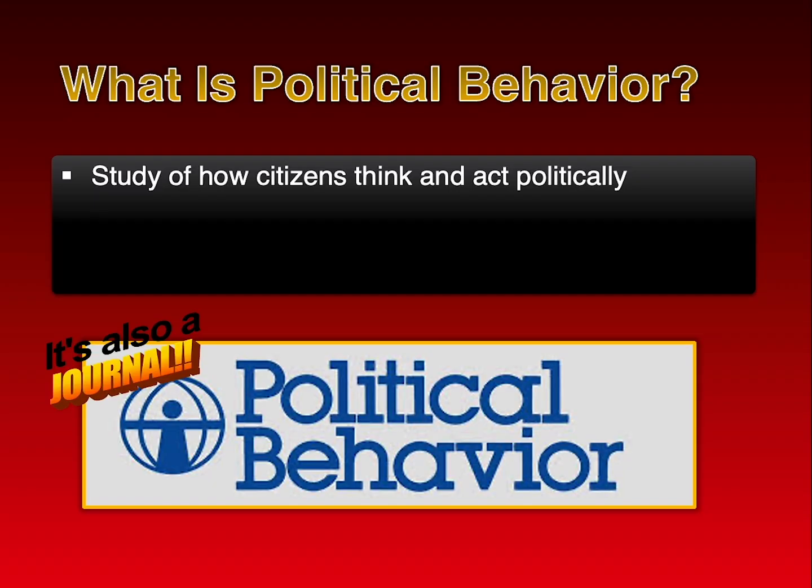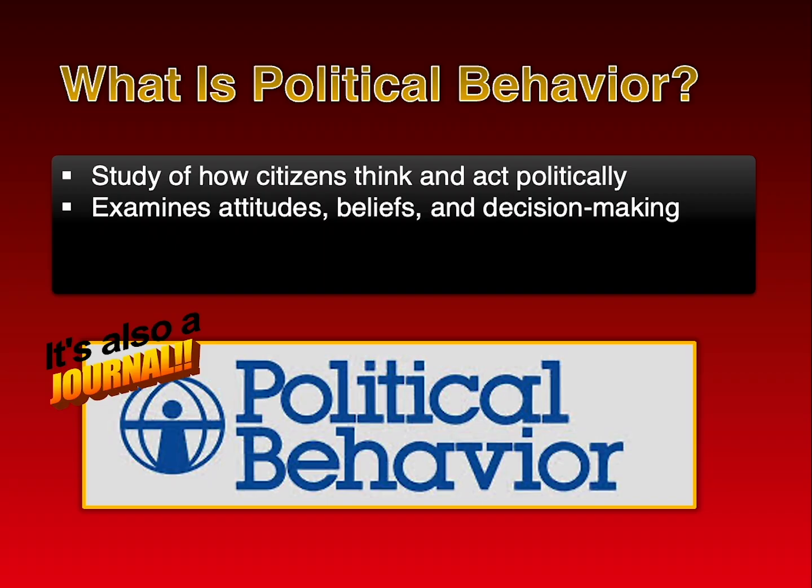So let's dive in. First, what is political behavior? Well, political behavior systematically studies the ways ordinary people engage with politics. It's not only about voting, it includes how citizens form opinions, interpret events, and use information to decide on policies or candidates.